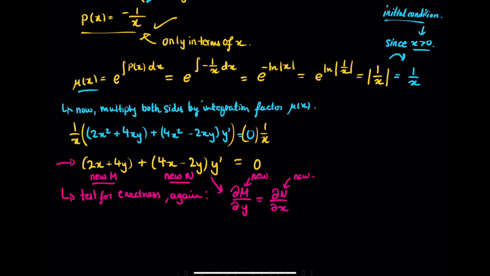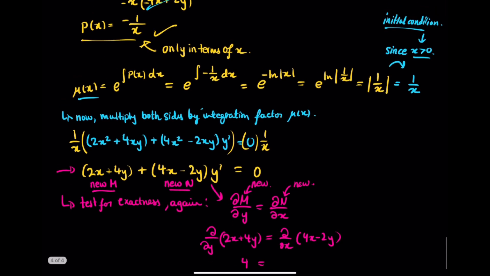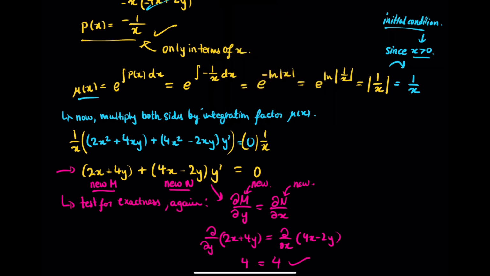So the partial derivative with respect to y of 2x plus 4y, and the partial derivative with respect to x of 4x minus 2y. This will be 4 and this will be 4. And so the test for exactness now works, which is awesome. So now the test for exactness passes! I'm going to put an exclamation mark because I'm excited.